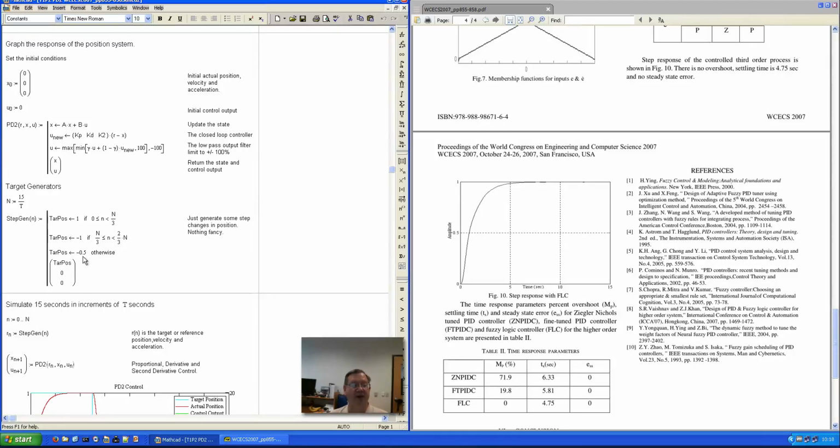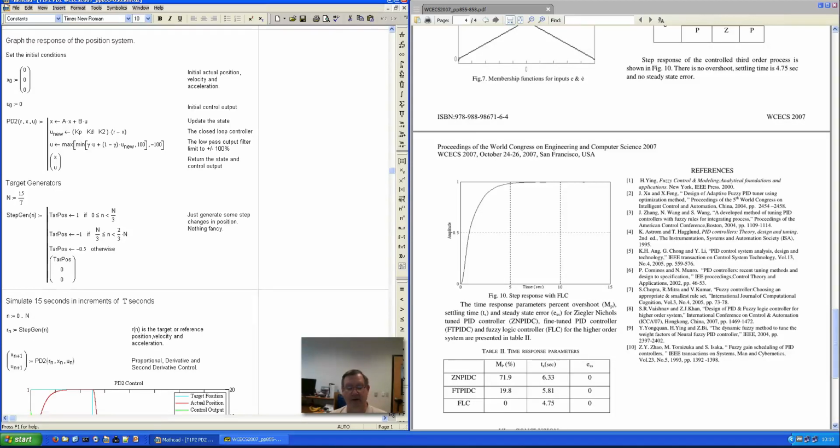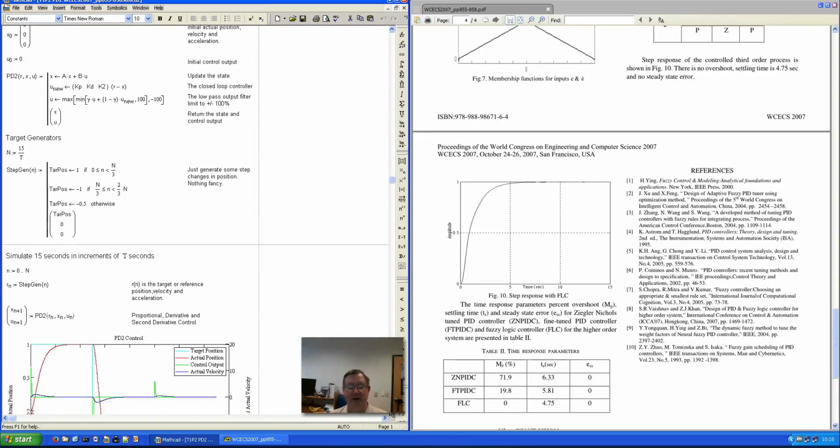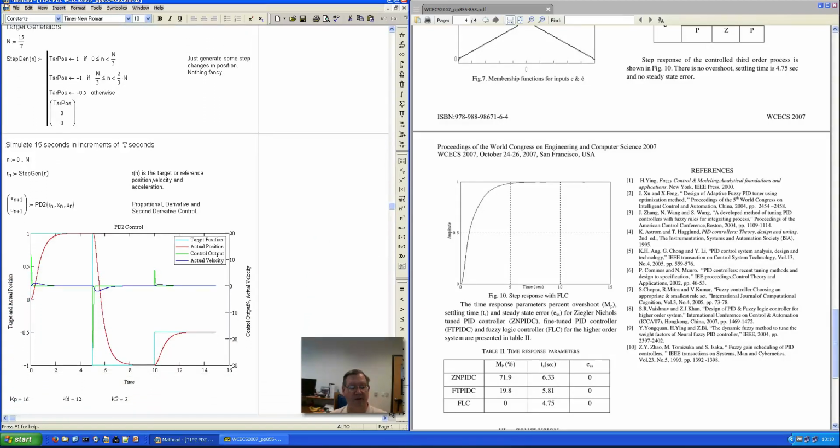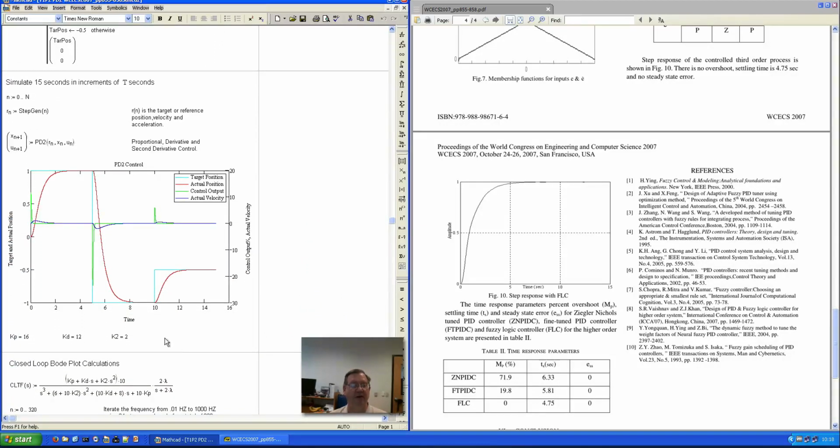So now I have a target generator where I'm just doing some steps. I'm doing a step jump to 1, -1, and negative 0.05. The author over here just did a step from 0 to 1. So I'm going to have a little bit more activity. So over here, you can see this is the response that I get as I go to 1, -1, and 1, and you can see the control output.